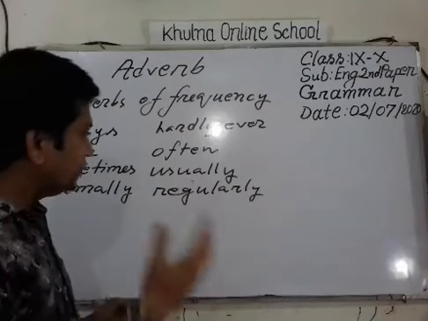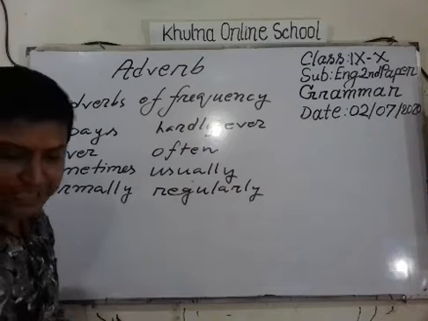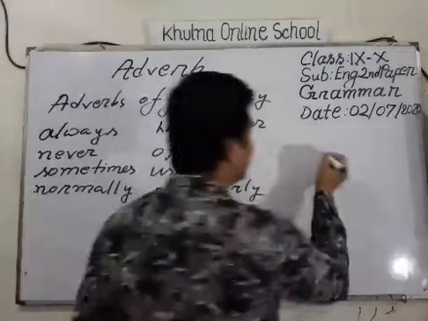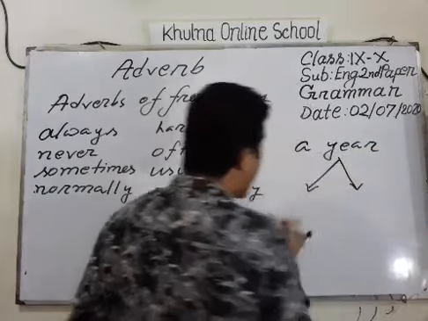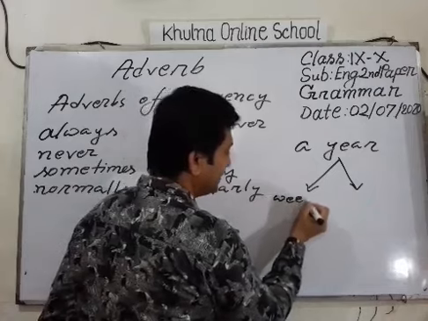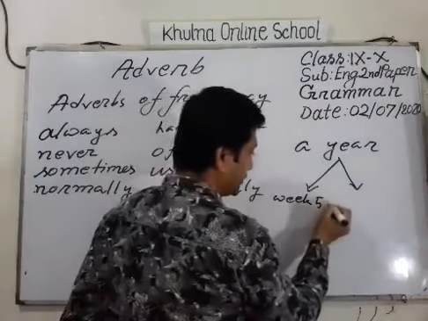First of all, do you know how many days we have in a year? How many weeks? 52 weeks.